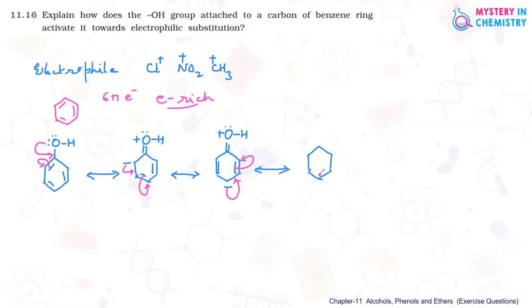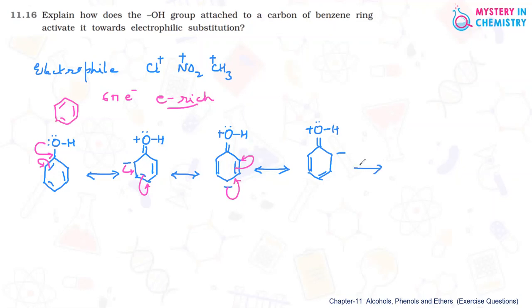So the double bond is now coming over here. This double bond is as such not disturbed. This charge is appearing here, and the double bond with oxygen, positive charge and hydrogen will remain as such.